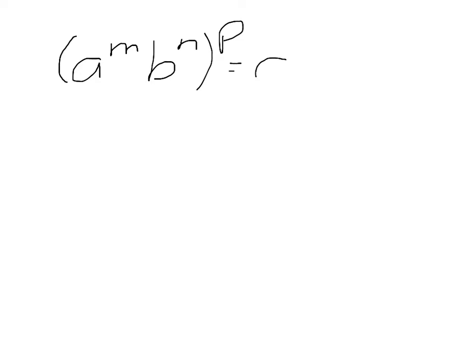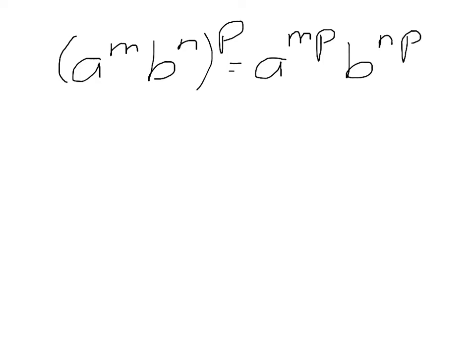The final rule that we have to talk about is what happens when we have a to the m, b to the n, to the p power. What happens when you have a monomial that has multiple variables in it, all raised to a power? Well, nothing different. All we're going to do is multiply the outer exponent to all of the inner exponents.